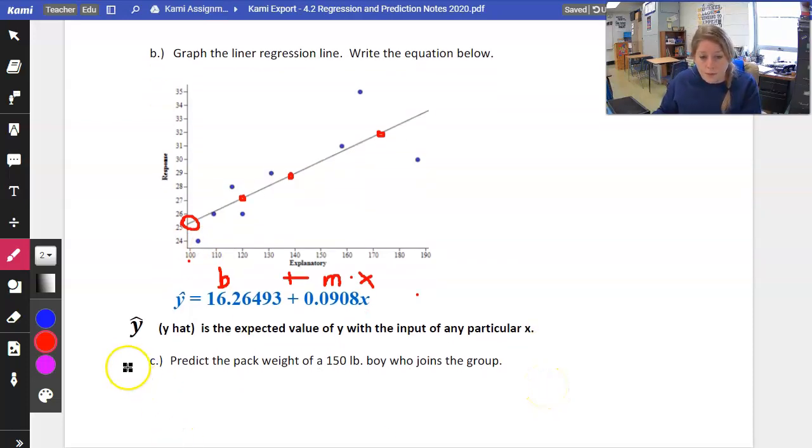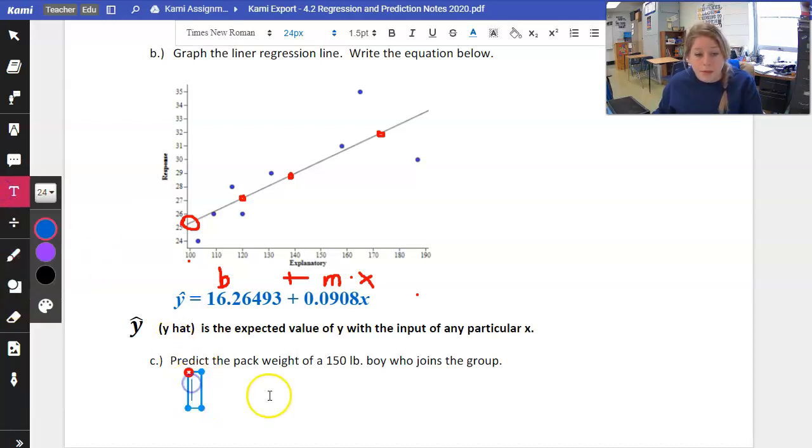So if we're going to look here, predict the pack weight of a 150-pound boy who joins the group, we're going to plug that 150 pounds into the equation. Remember, this is body weight, and body weight we decided was our x coordinate. So we're just going to plug 150 pounds in for the x.